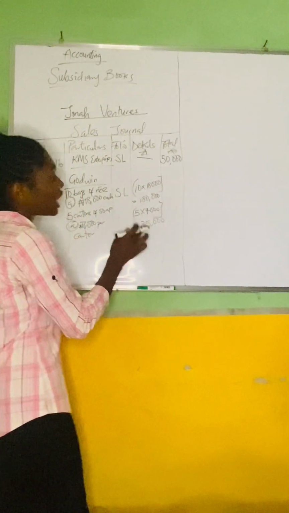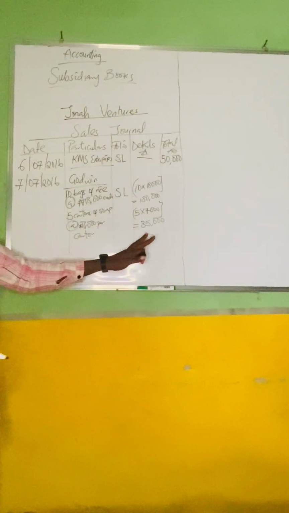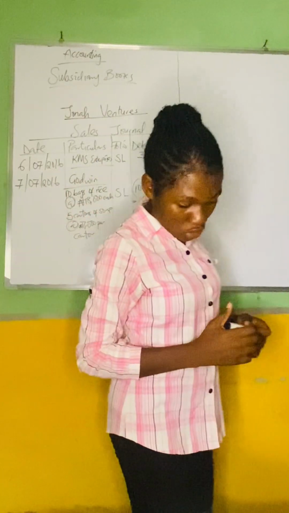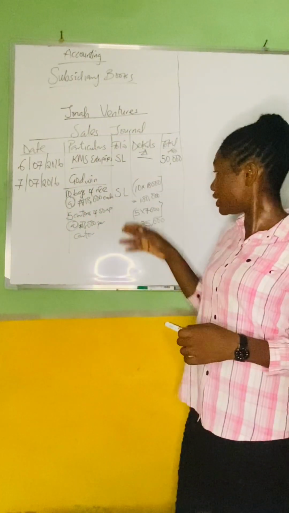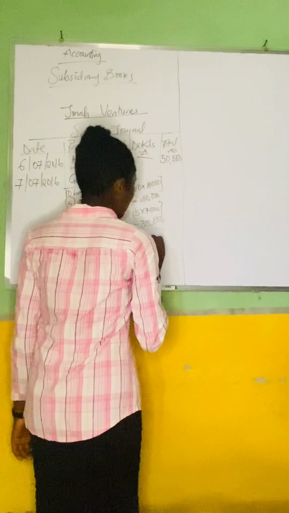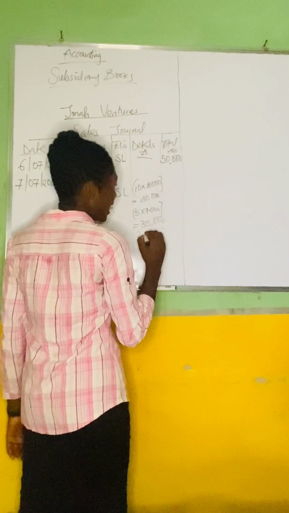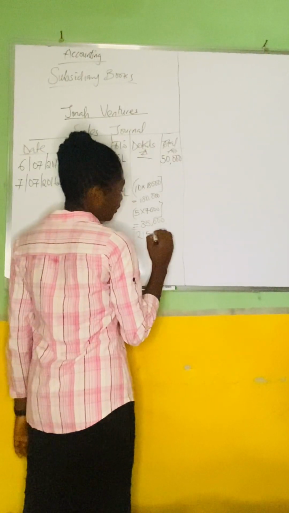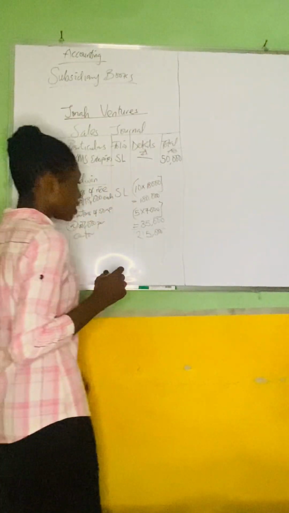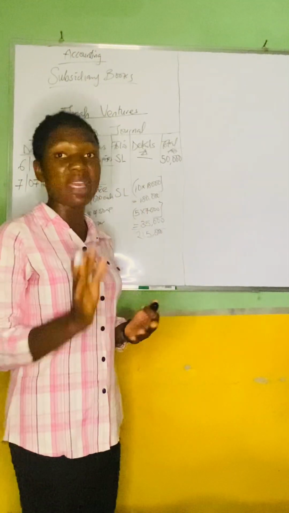There is no need to put our naira sign because we already have a naira sign above. Now we'll total this amount, and when we total this, we'll have 215,000 naira.